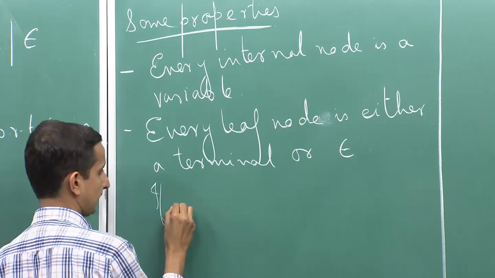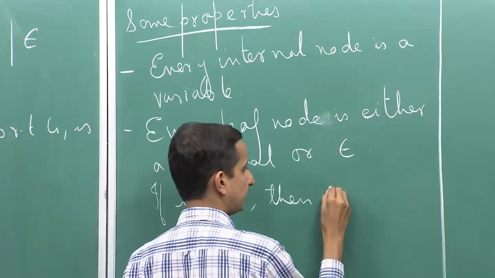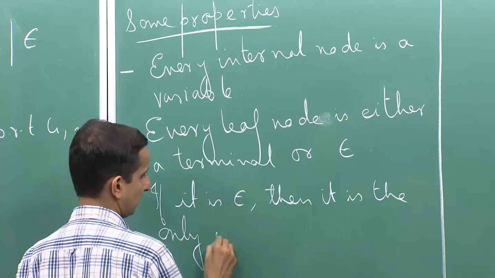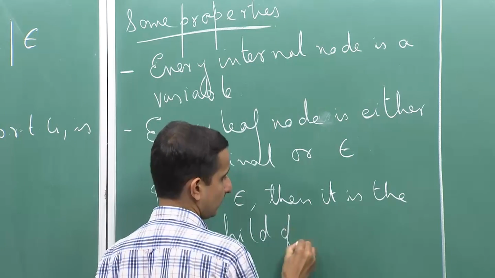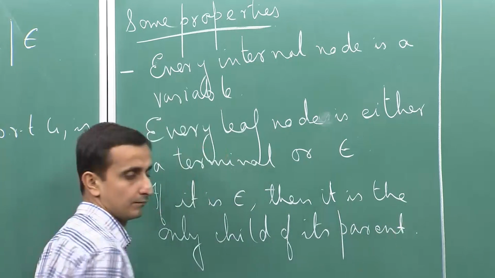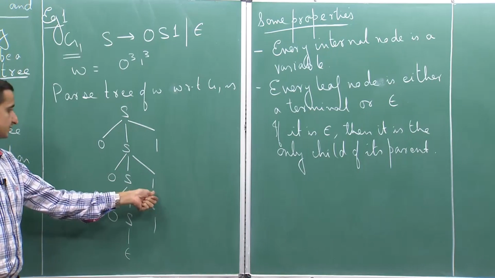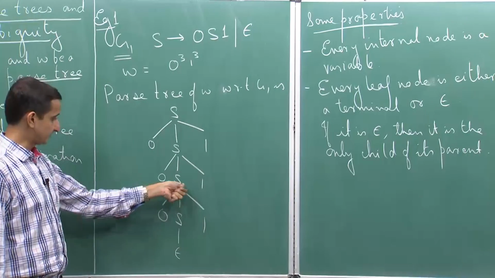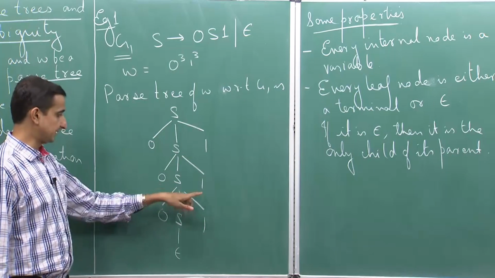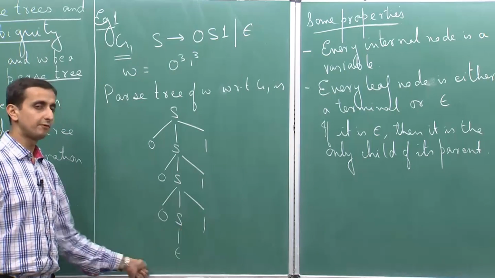If it is epsilon, then it is the only child of its parent. For example, here we have leaf nodes which are symbols like 0 or 1, and the parent of any such leaf node has other children also. But if you look at epsilon, the parent of epsilon has only one child.